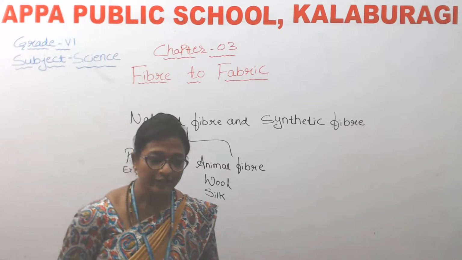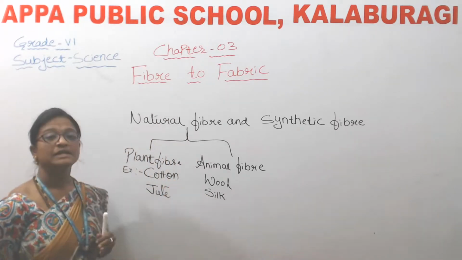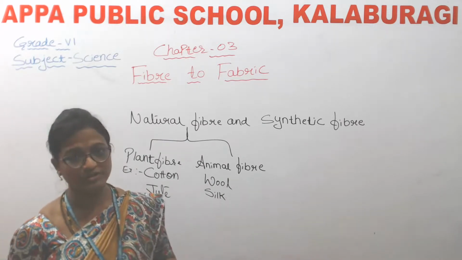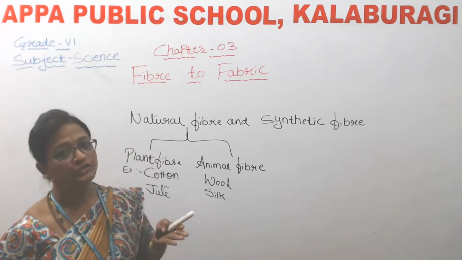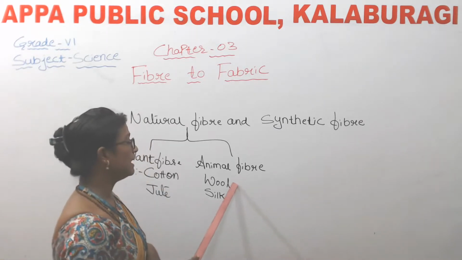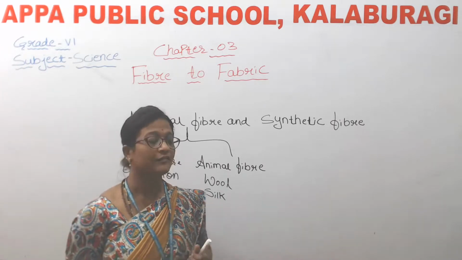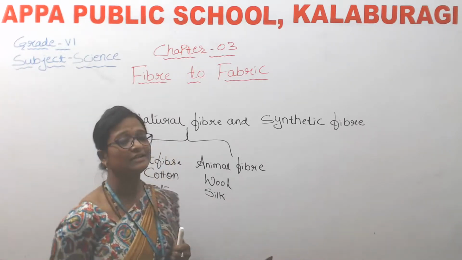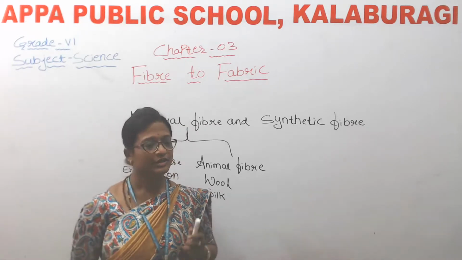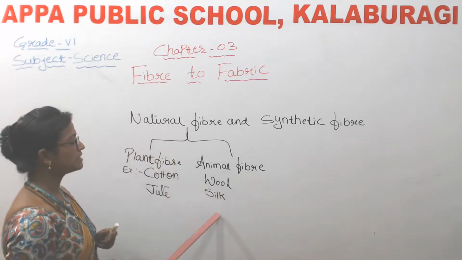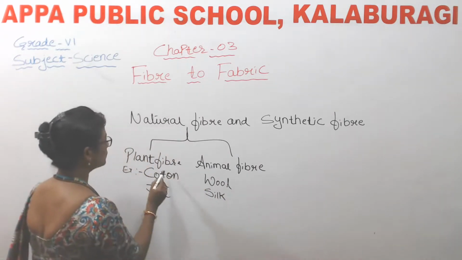We have also discussed how cotton fiber is obtained from cotton plants, how jute fiber is obtained from jute plants, and how wool is obtained, like where do we get wool, children? Obviously from the fleece of goat or sheep. And we have also discussed silk. So now we will quickly revise.